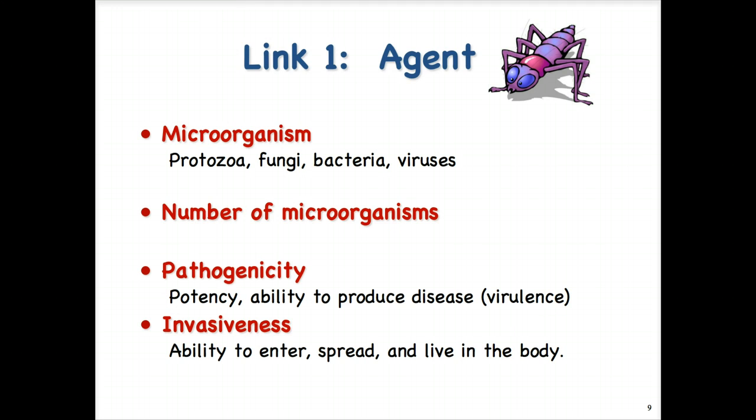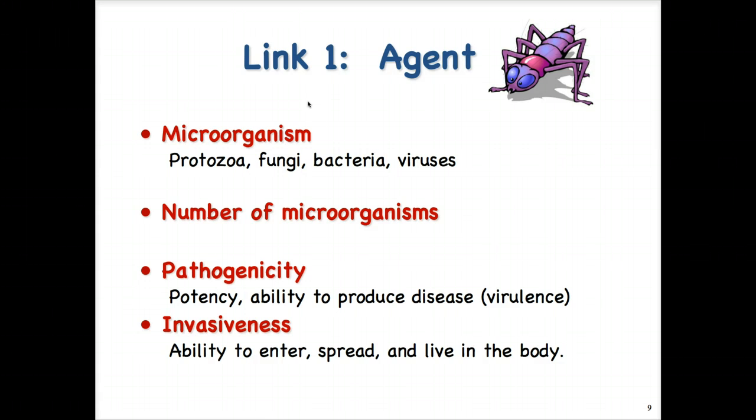Well, first we want to understand what can cause an infection. Well, there's always an agent. There's a microorganism. And when we're looking at the agent or the microorganism, we want to know how many of them are there? Is it colonized? Are there just a few organisms? And then what is the pathogenicity of that organism? What is its ability or potency to produce disease?